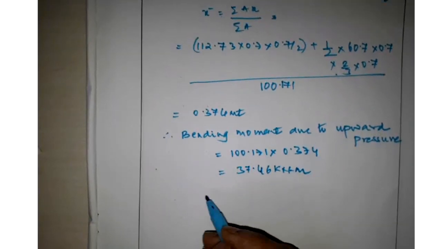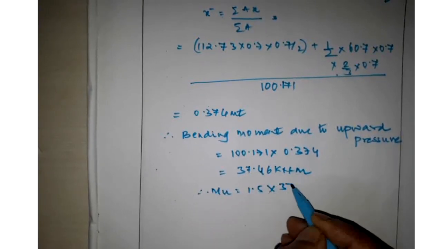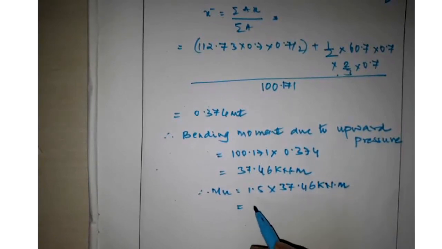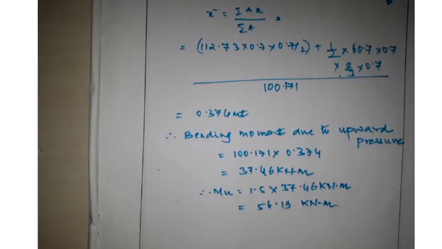So therefore Mu will be 1.5 times 37.46 kilonewton meter. So we get here it is 56.19 kilonewton meter.